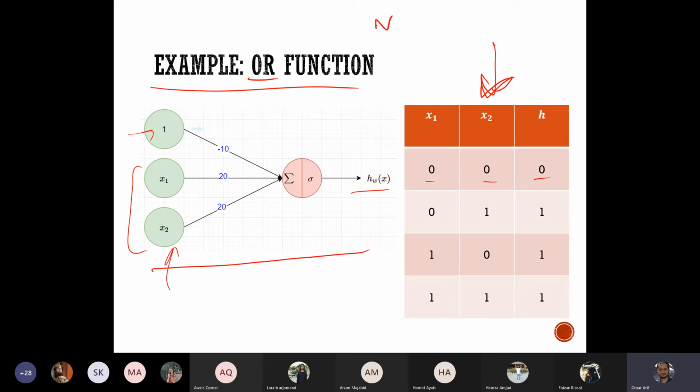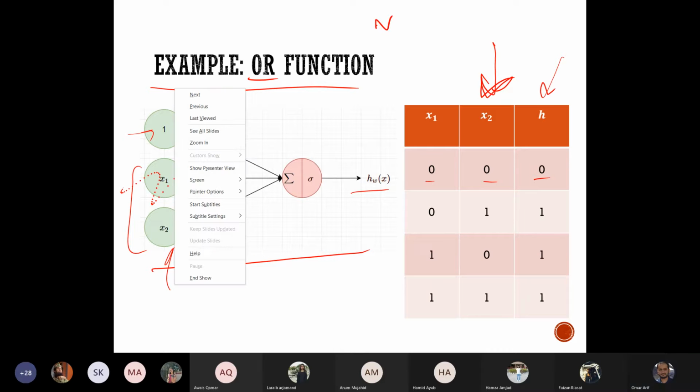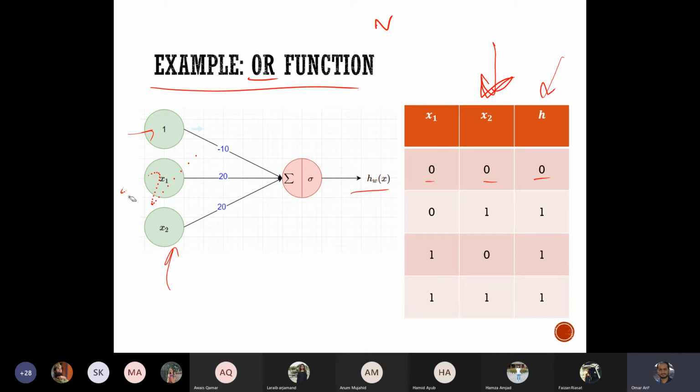Now these weights W0, W1, W2, we have to learn using gradient descent. Let's say after learning using the data set, we have come up with these weights: -10 for W0, 20, and 20. So if we have these weights, let's see whether we are able to predict this OR function.